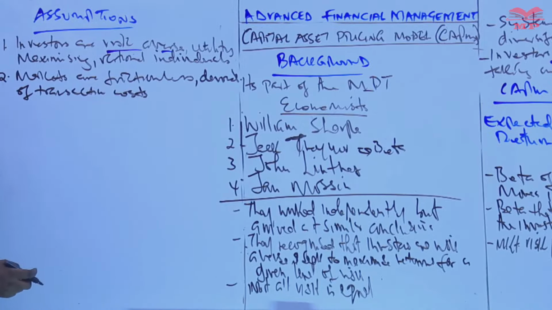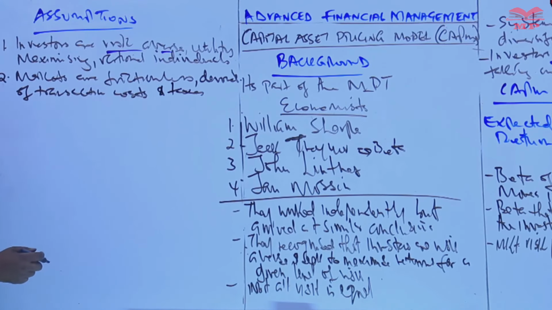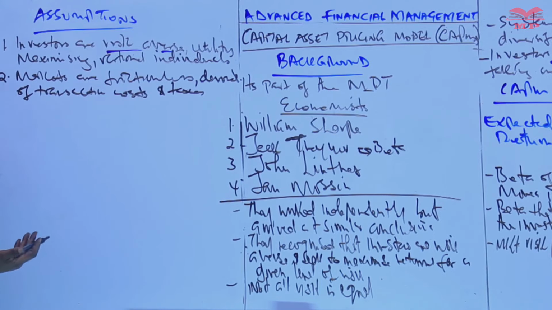This is an assumption. Investors can buy and sell any amount of securities at any time without incurring transaction costs. There are also no taxes on capital gains. There are no taxes on dividends, and investors can borrow and lend at the risk-free rate.